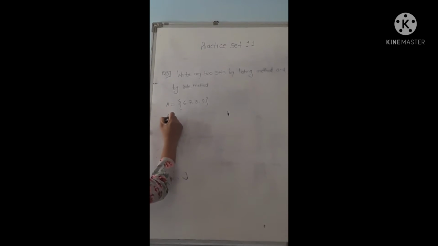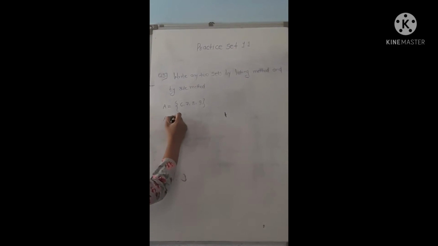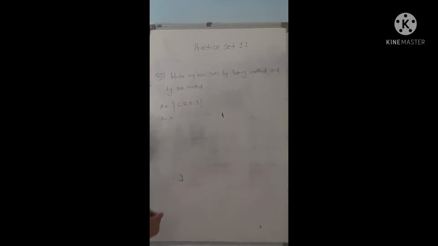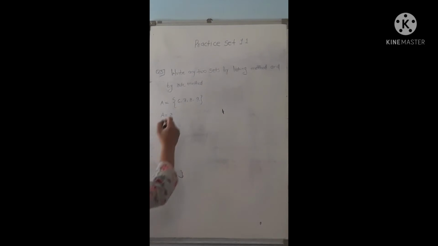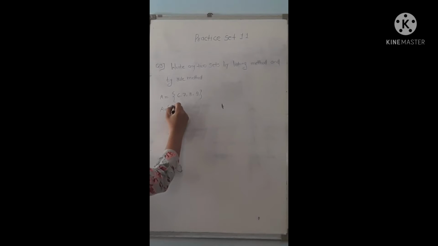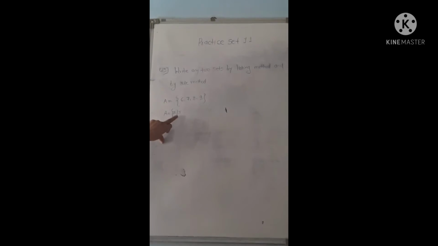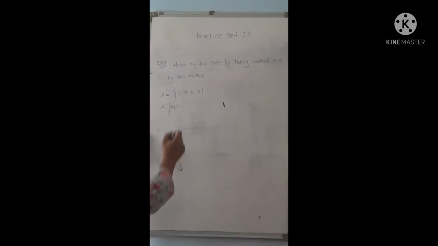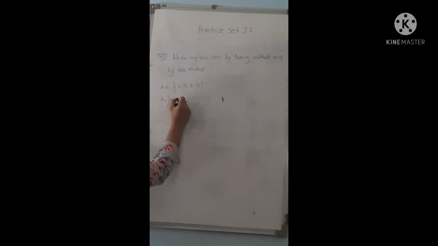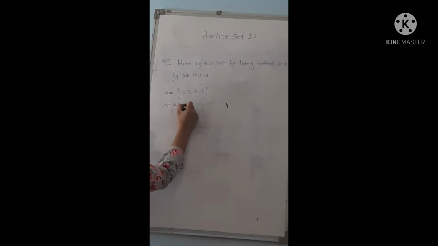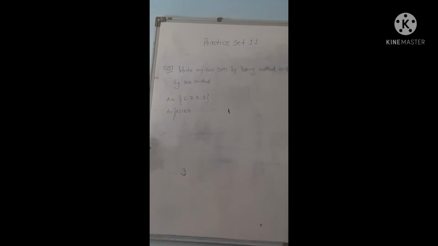So A is a set of X such that X is an element of natural numbers.